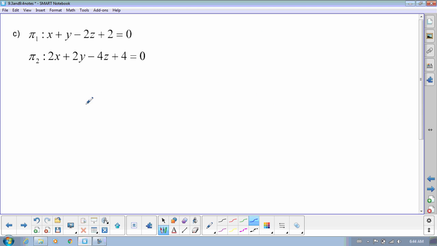All right, so once again, we have normals. So another way that you can show this is if you recognize that they might be multiples of each other, I'm going to go ahead and multiply by 2. So when I multiply this equation by 2, and I'm allowed to do that, as long as you apply it to everything, what do you notice?